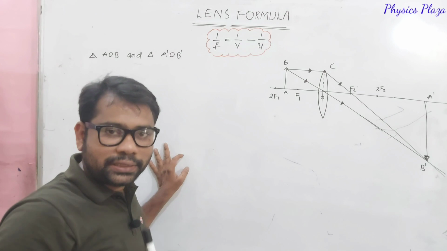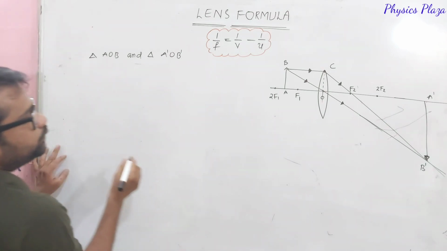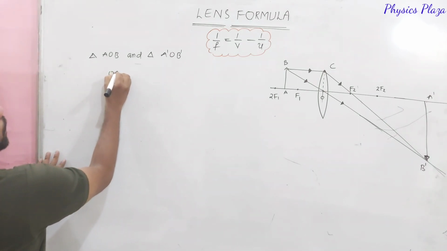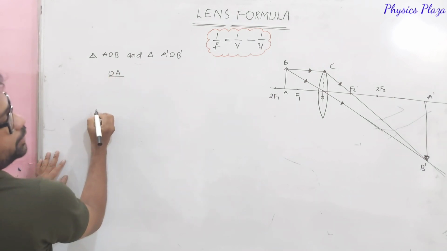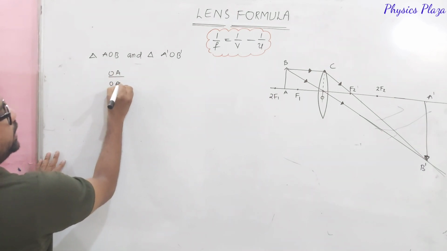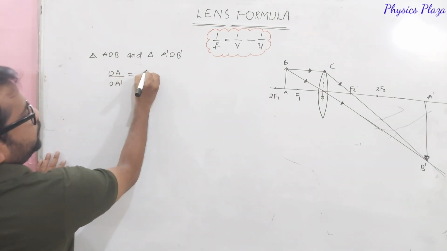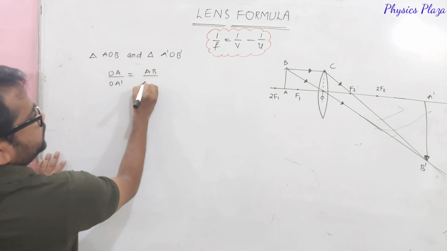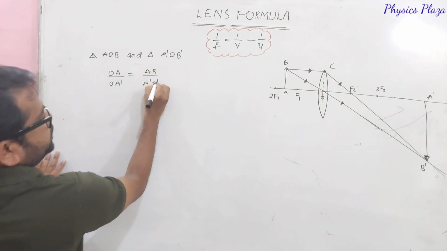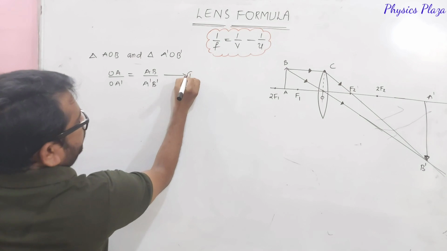From the rules of similarity, dear children, how can we write? We can write OA by OA' is equal to AB by A'B'. Children, let it be equation 1.